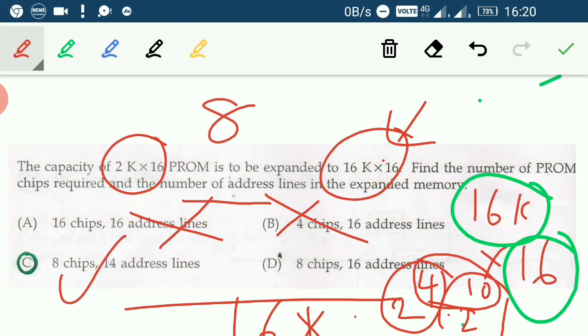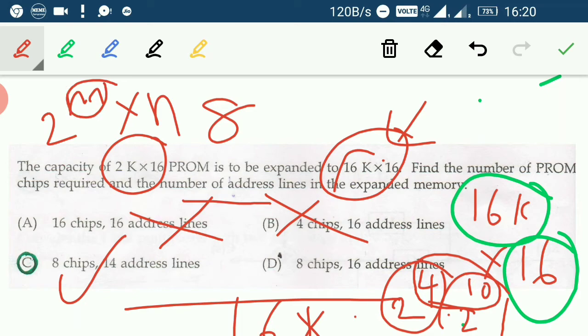Don't think it is 16 lines because it is 16K. Size will be represented in the form of 2 power m cross n. Here m is address, n is data for any PROM, right? This 16K is not the address length. 2 power such number, that m is the address.